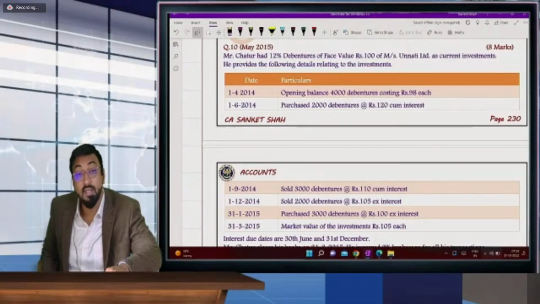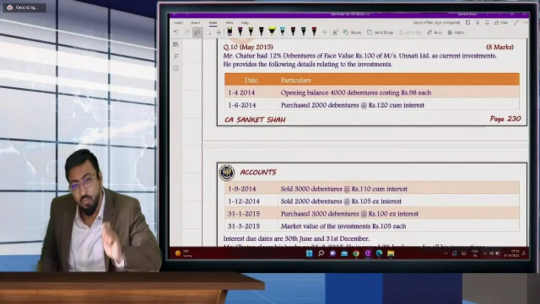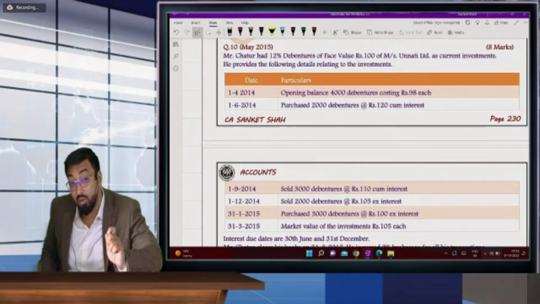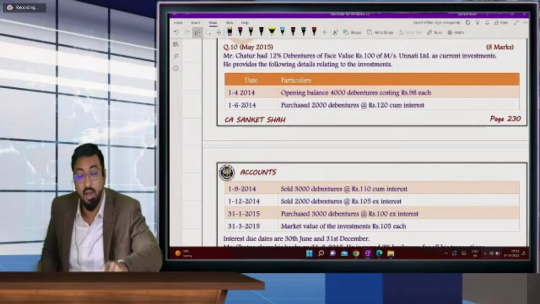For avoiding silly mistakes: sir, normally I'm getting all concepts, but the problem is that I'm not getting the correct answer. Somewhere I'm getting a wrong answer. I calculated wrongly. And why does this happen?